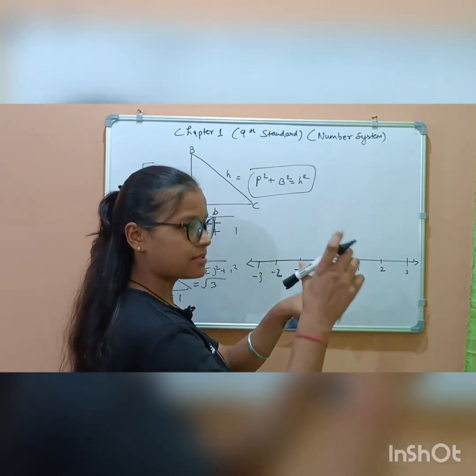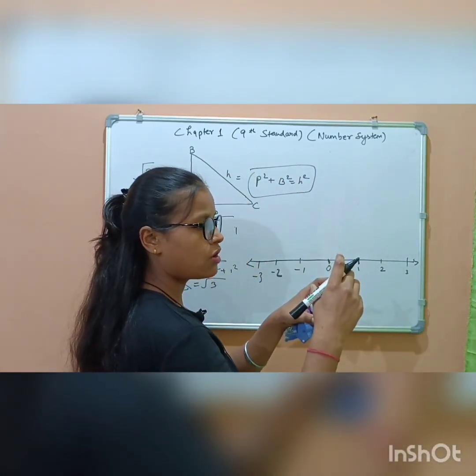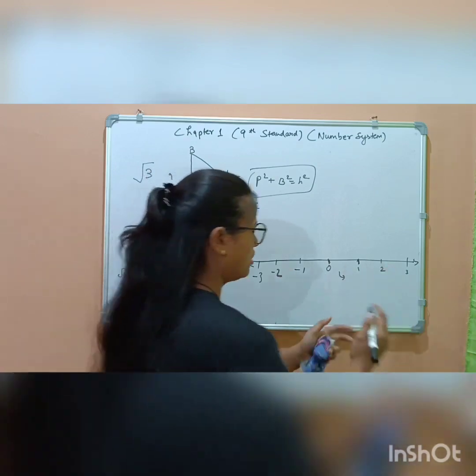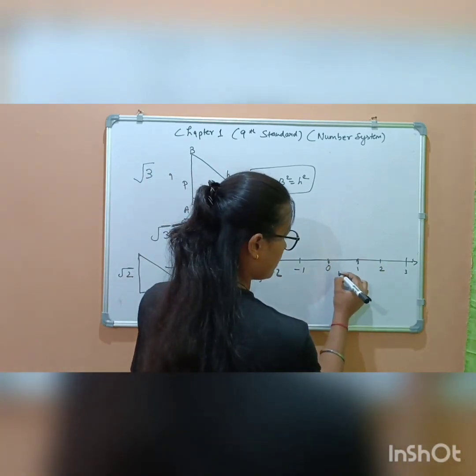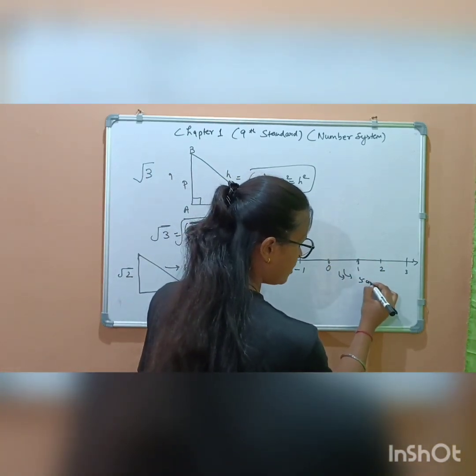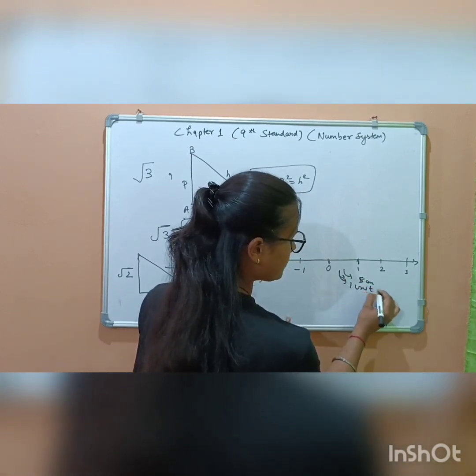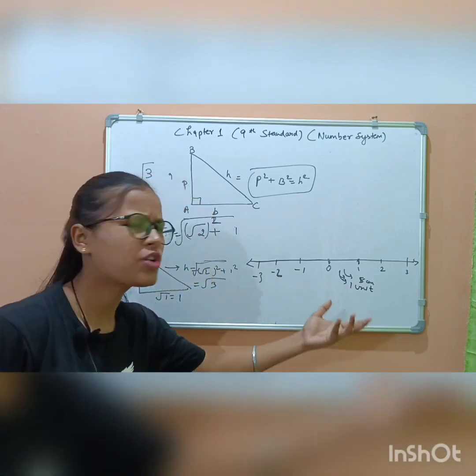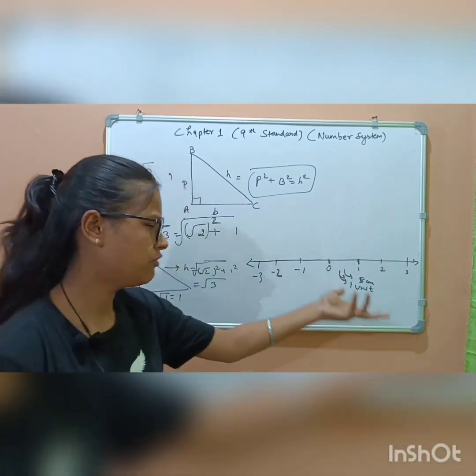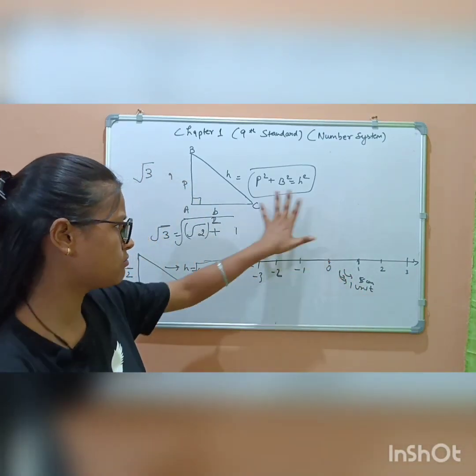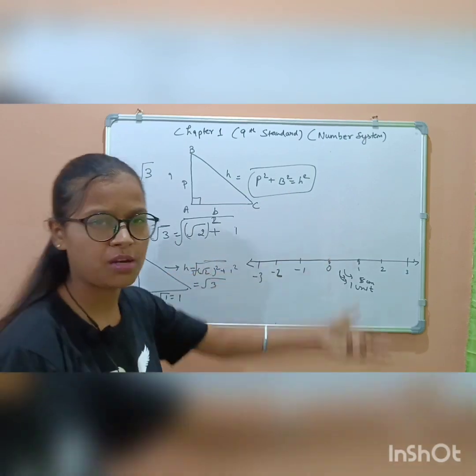Open your mark from 0 to 1, which is actually 5 centimeter, but you will take it as 1 unit, so that your representation in your notebooks will look visible.